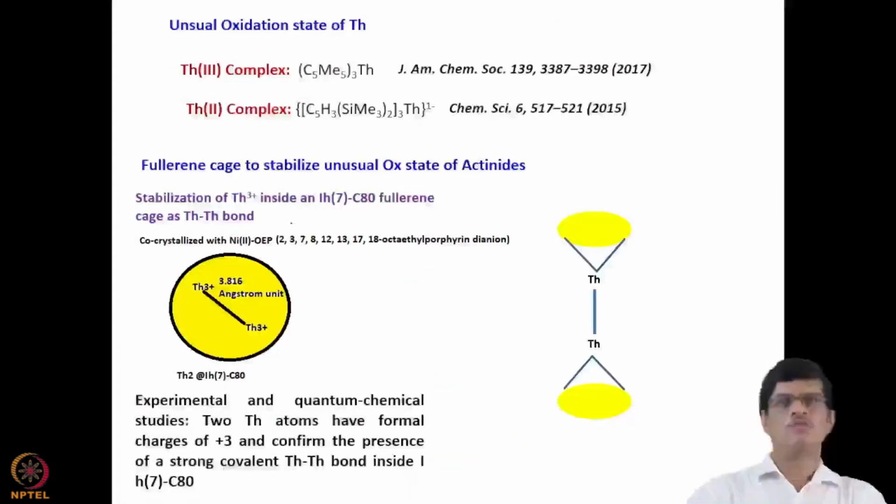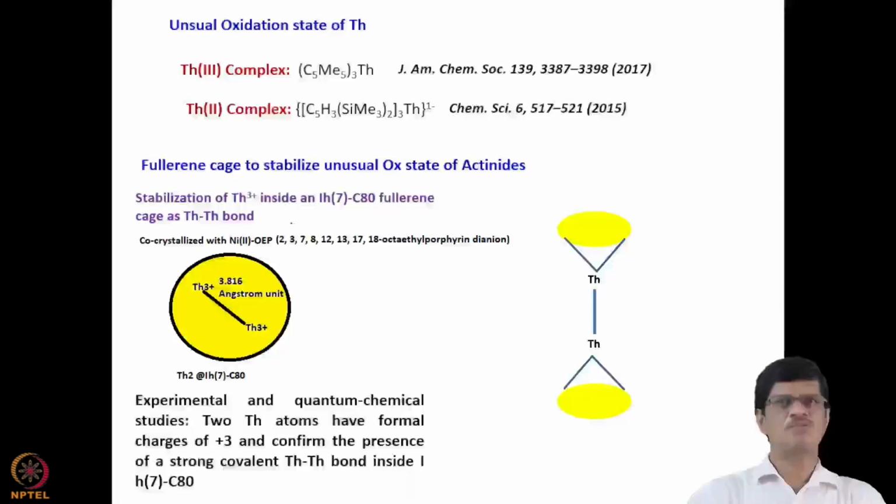Now the unusual oxidation state of thorium. As we know, thorium has +4 as the most common oxidation state, and because of the f0 configuration, it is a very stable oxidation state, and we have most of the thorium complexes in the +4 state.